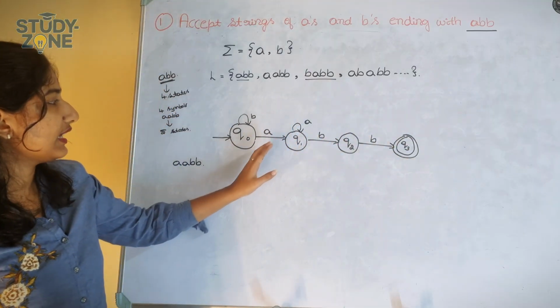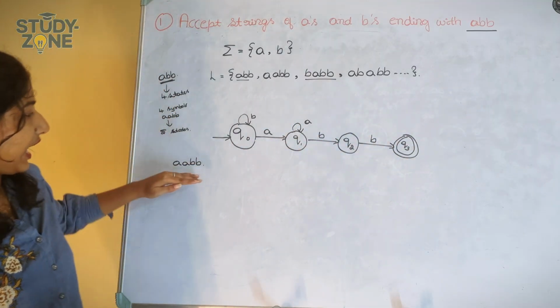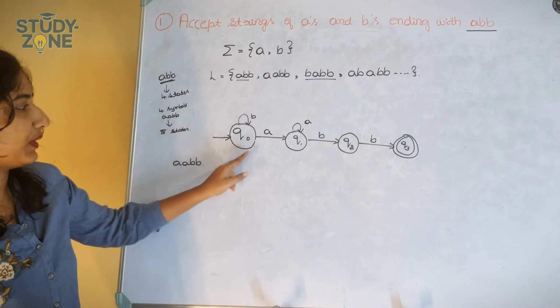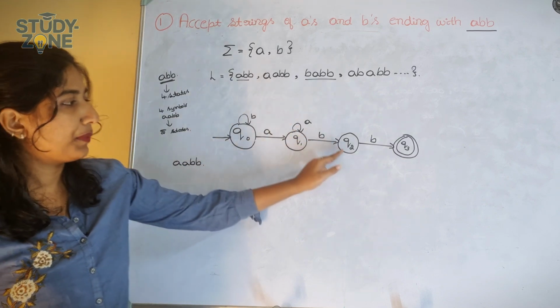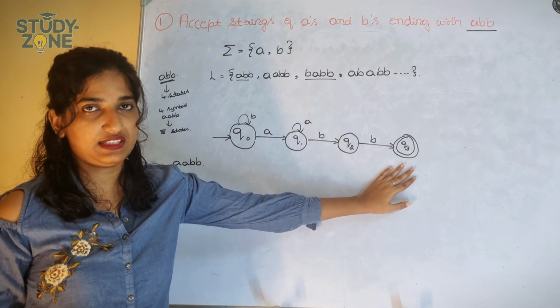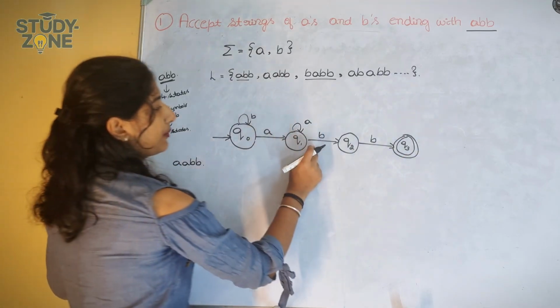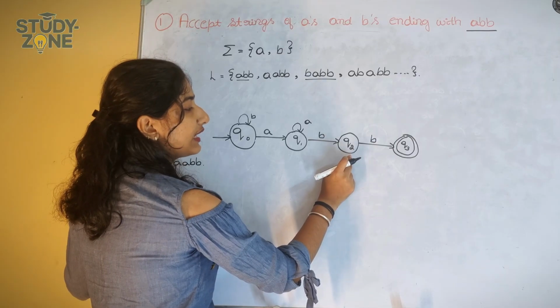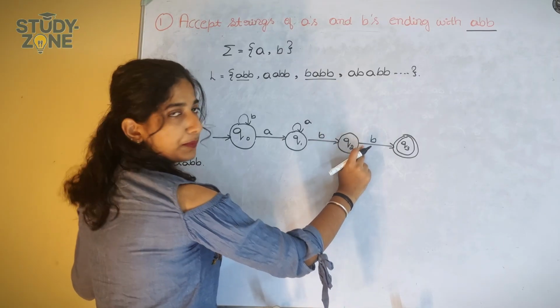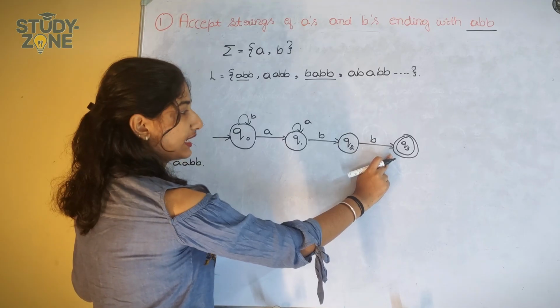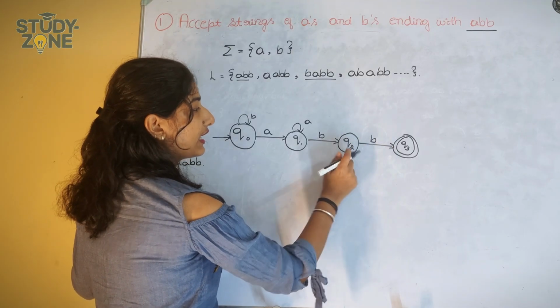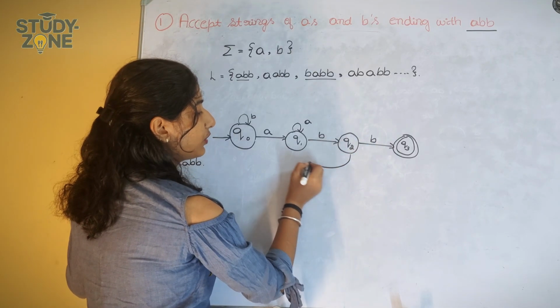So for a string ending with A, B, B, we have A, B, B, and it is in the final state, so it's correct. If we get B here, it moves to the final state. That's correct.